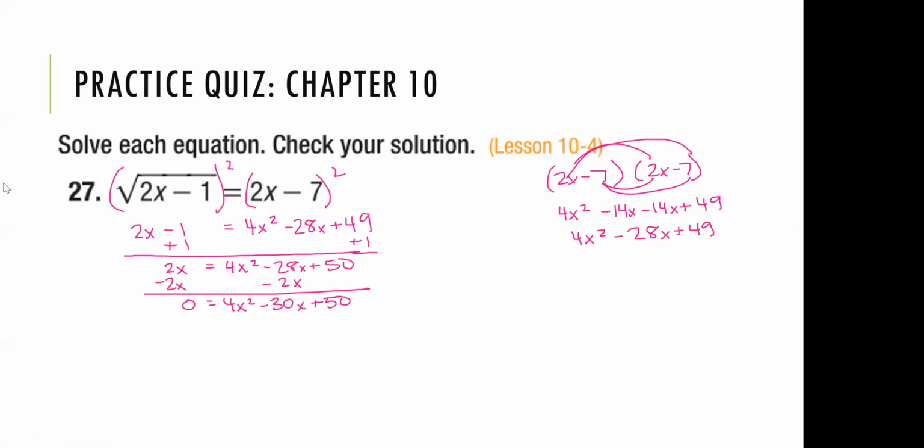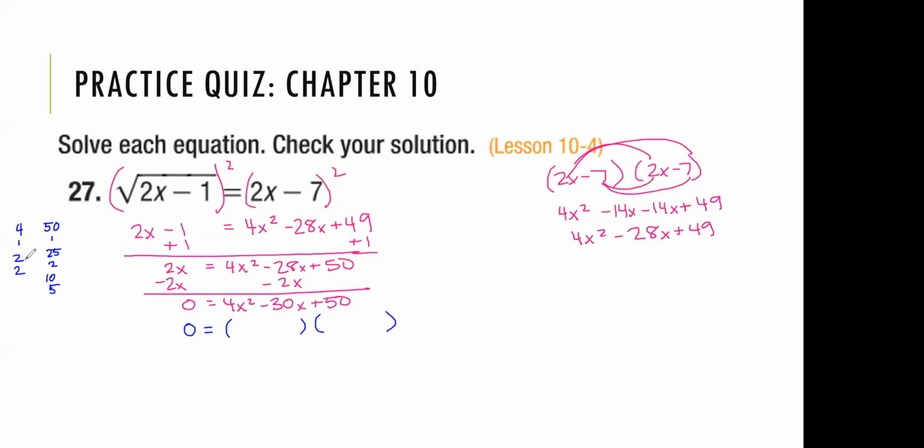Now at this point, I can factor this equation. So I need the multiples of 4 and the multiples of 50 whose products are going to add up to negative 30.